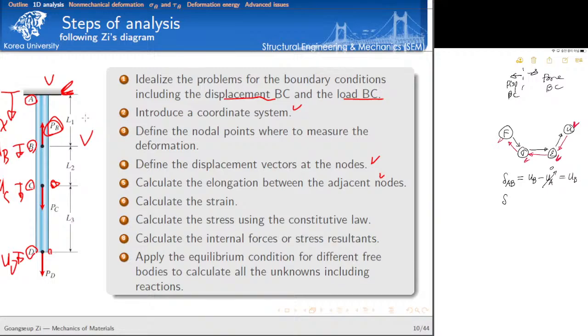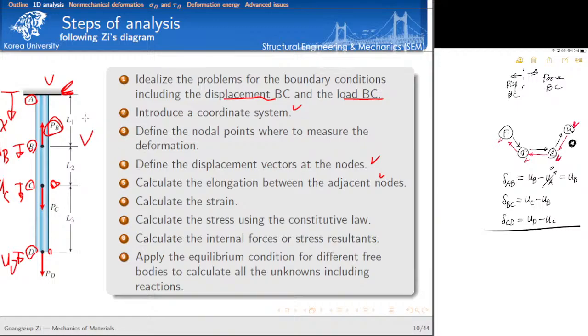The elongation in the BC segment is calculated as UC minus UB. Make sure that it's not UB minus UC. Of course, if you choose an upward coordinate system, then in that case the elongation is UB minus UC. And then the elongation of the CD segment is measured as UD minus UC. Is it clear, right? So we just calculate the elongation in the middle of this arrow.